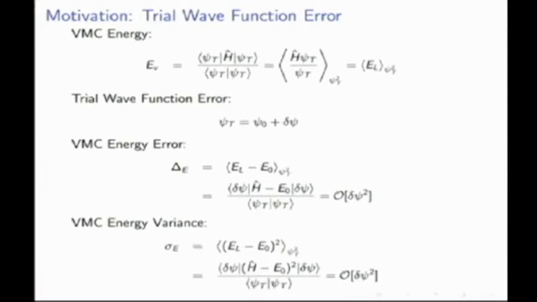One of the most important observables that we regularly compute is just the energy. We could do equation of states, binding curves. Many different things are just functions of the energy of the system. I'll denote this as E sub V, the variational energy in VMC. It's the expectation value of our Hamiltonian.